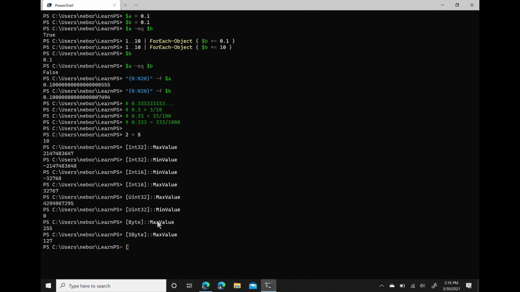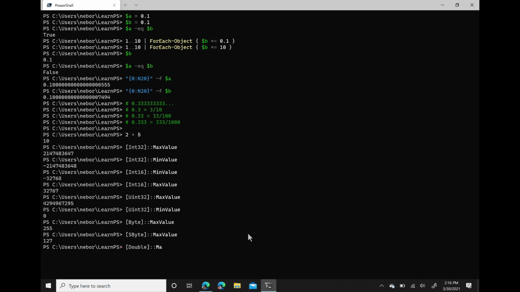So in terms of floating point, we have double. By the way, this notation we're using here is the type name enclosed in square brackets. A lot of types have what are called static methods, which you don't call on a specific object, but just call on the type itself, and we use the double colon to refer to these static members.